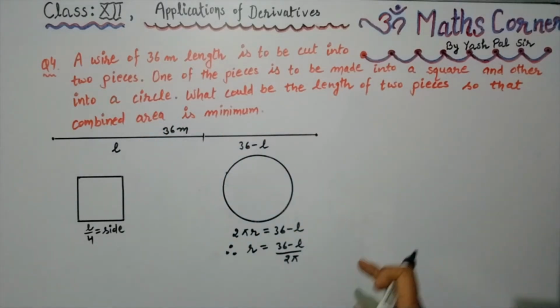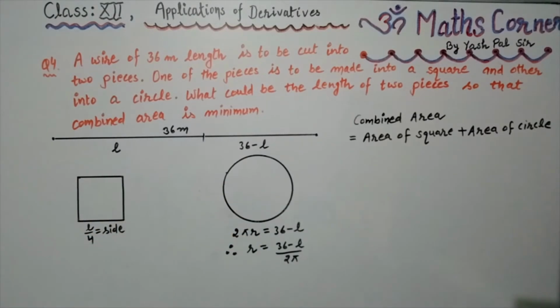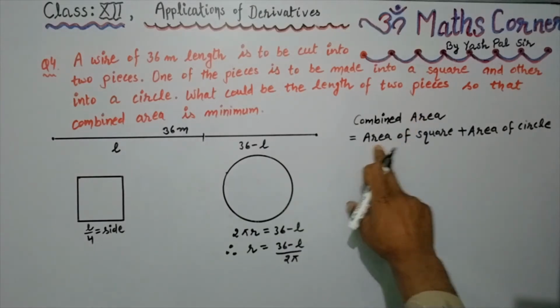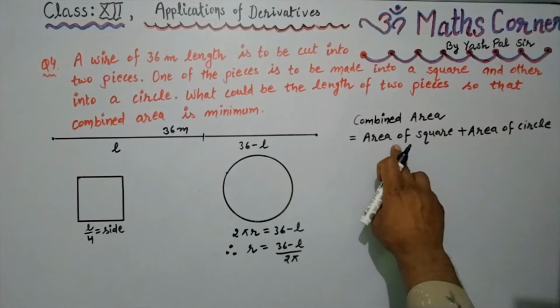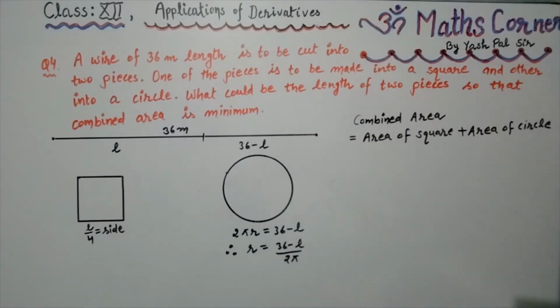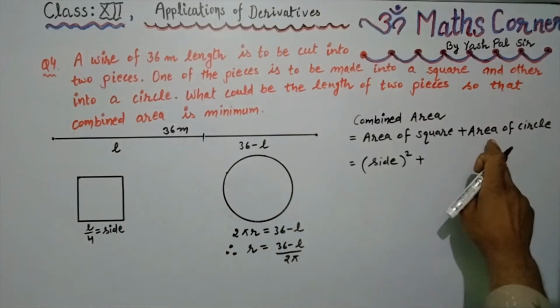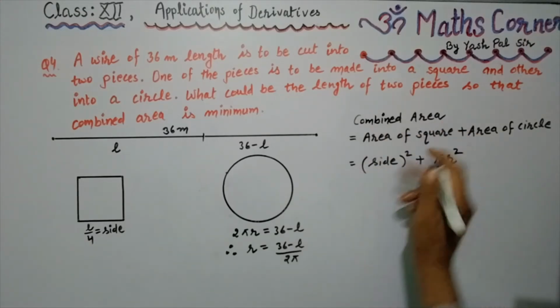right? Now combined area should be minimum. Suppose combined area, what is the area of square plus area of circle? Combined area is equal to area of square plus area of circle. What is the formula for calculation of area of square? Side square. Similarly, area of circle is pi r square.